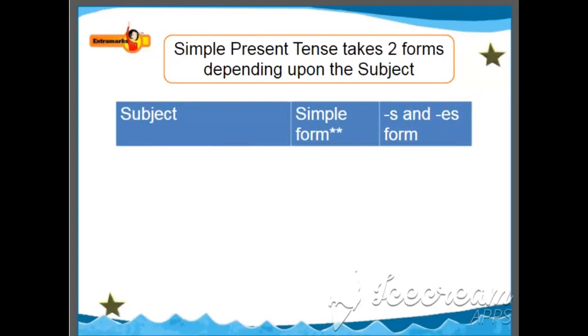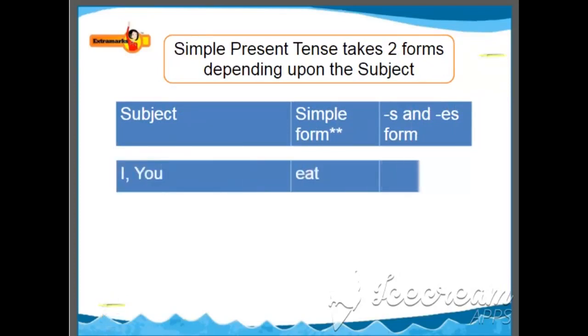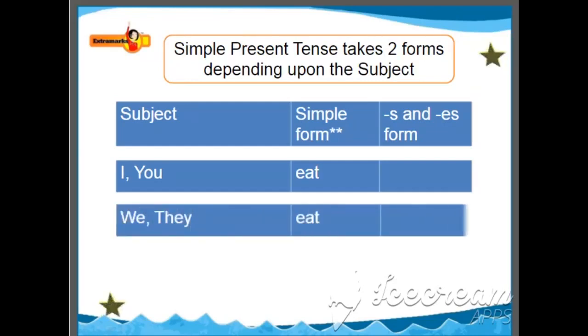Now let's take the verb eat. Here, with the subject I and you, the verb eat remains in its simple form, eat, only, without any special endings such as ing, s or es. Let's take the second one.